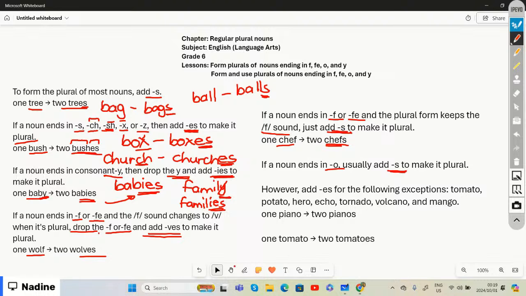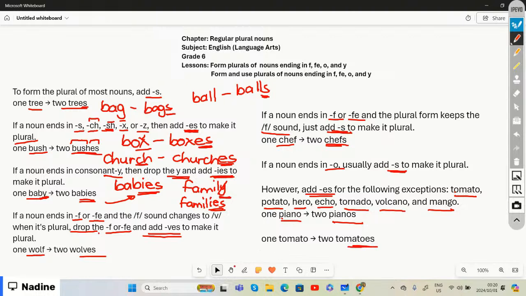However, we need to add es for the following: tomato, potato, hero, echo, tornado, volcano, and mango. We need to add es for these specific words. Whereas with all the other words, we'll maybe just say one piano, two pianos, and we add an s. But when it comes to tomato, we add es to make the word show plural.